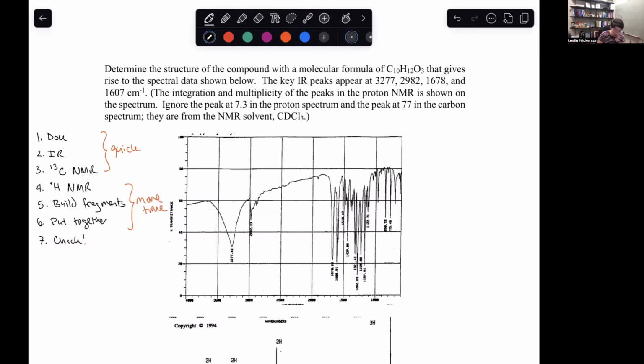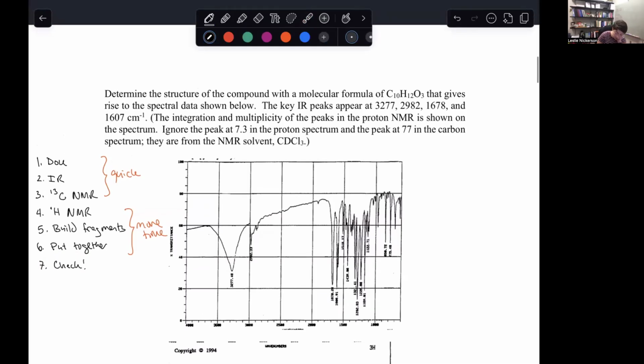Okay, so starting off with degrees of unsaturation. I am given a formula, which is pretty nice. In that formula, I only have carbons, hydrogens, and oxygens, so I can safely ignore the oxygens and think about my carbons and hydrogens. 2 times 10 plus 2.